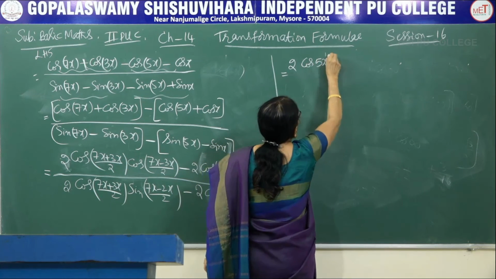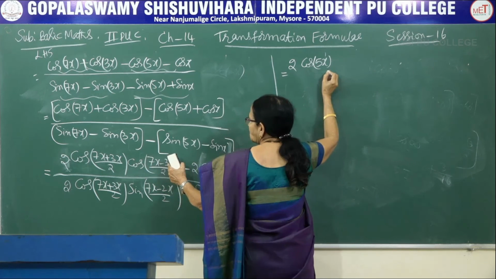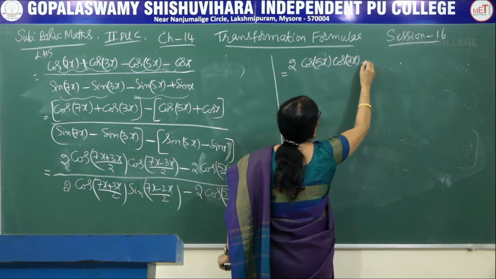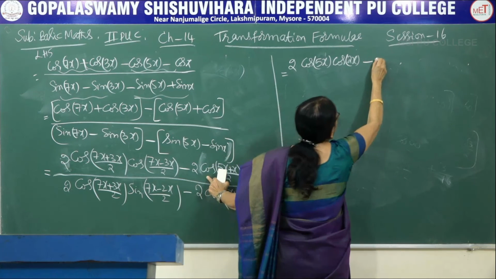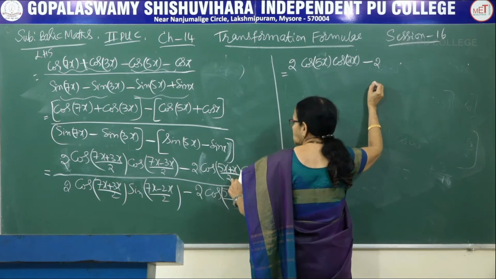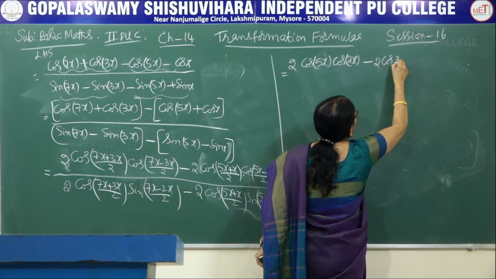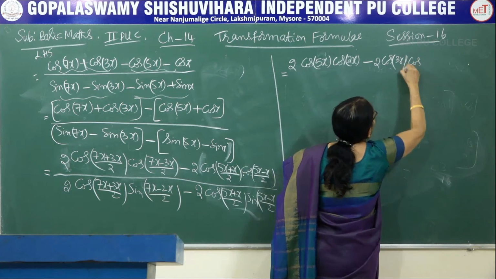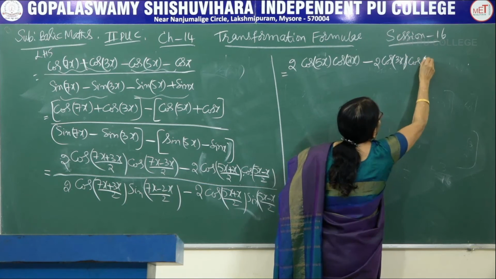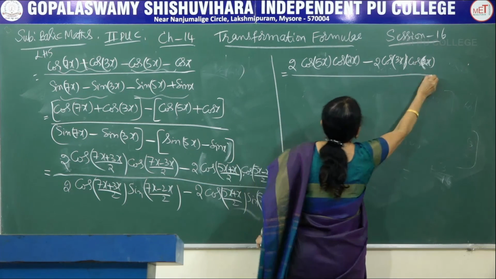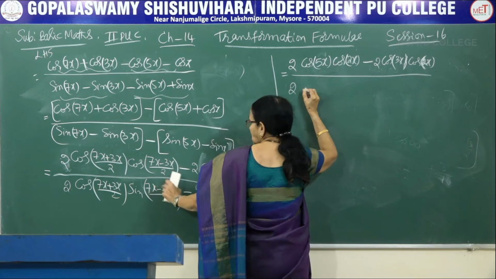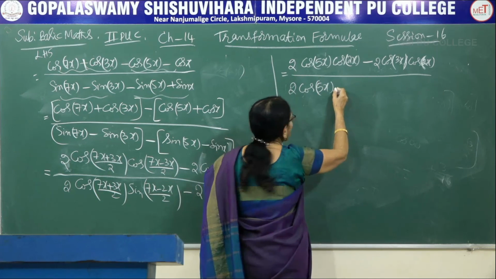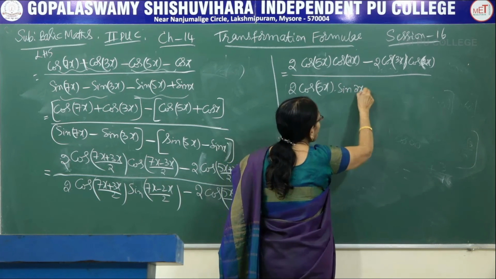So cos 5x into 7 minus 3, 4 divided by 2, that is cos of 2x, minus here again 2, 5 plus 1, 6 by 2, that is 3x, and then 5 minus 1, 4 by 2, that is cos of 2x, divided by 2 times, the angles are same, so same thing you will be getting 2 cos 5x into sin of 2x.